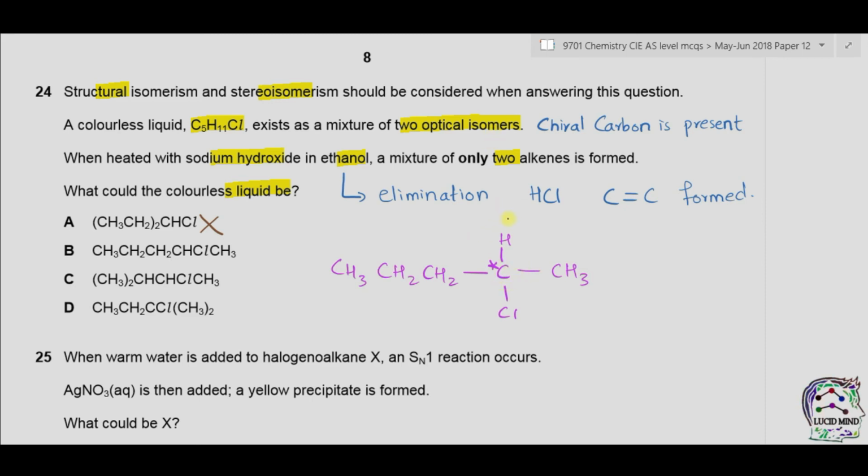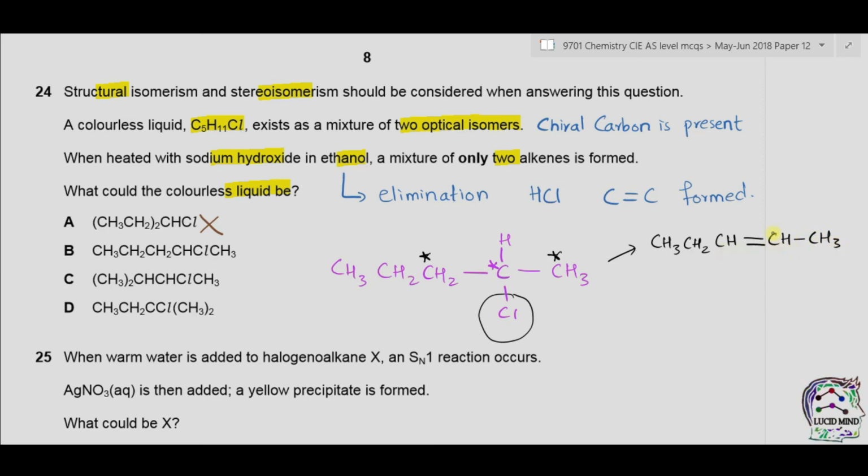The second process is elimination of HCl. From one carbon atom, chlorine will be removed, and from the adjacent carbon, which could be this one or this one, a hydrogen atom will be removed. So the first product formed, if the hydrogen atom is removed from this carbon, would be like this. We have CH3, CH2, CH. Now a double bond is formed between these two carbon atoms.